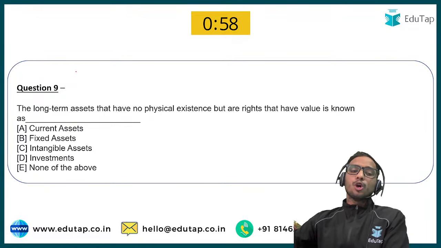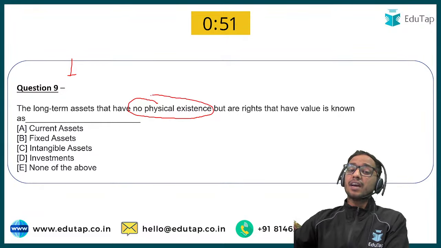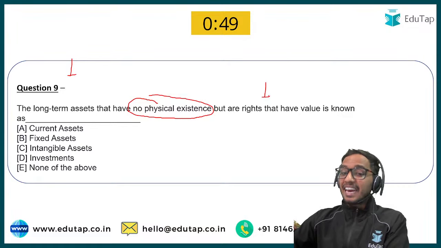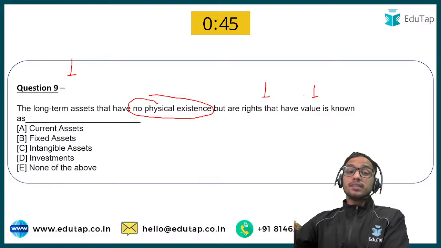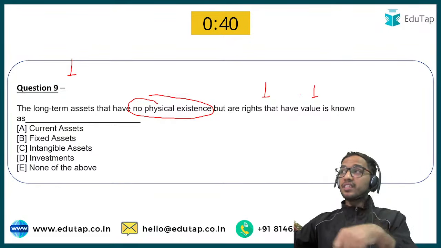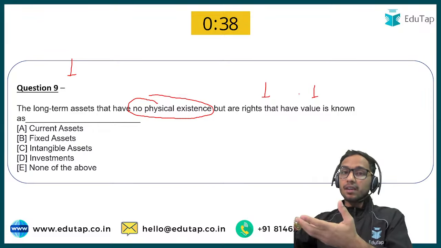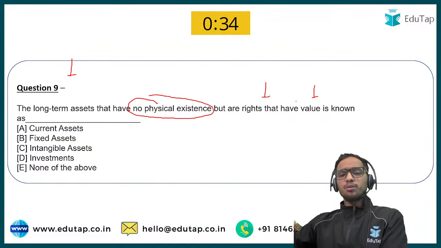This says long-term assets that have no physical existence, but are rights that have the value. So now the question says that they are the long-term assets, but they have no physical existence. If they had been in the physical existence, then we call them tangible asset, isn't it? So now they are not the tangible asset.